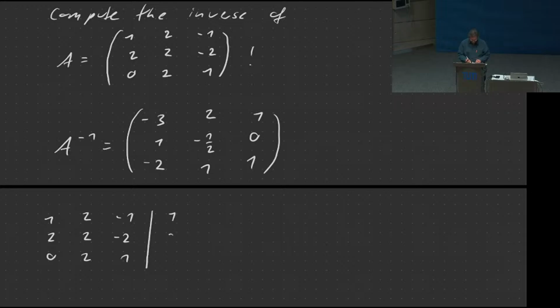And for the right-hand side, we'll just use the identity matrix. And now I'll start with this pivot element here, the 1. And I want to produce zeros down there. There already is a 0 here, so I just need to eliminate this 2 here, and I do this by subtracting the first row twice from the second row.